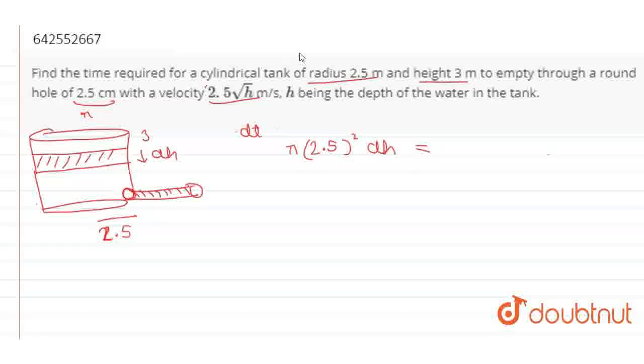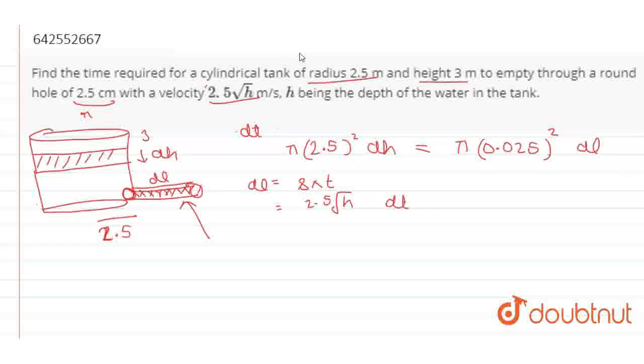This volume will also be equal to the volume of water flown out, which will be equal to pi r square into dl, where dl is the length of the water coming out from the hole, which we consider flowing in a cylindrical manner for the sake of simplicity of finding the volume of this outside water. So dl will be equal to speed into time, where speed is 2.5 root h and time is dt.